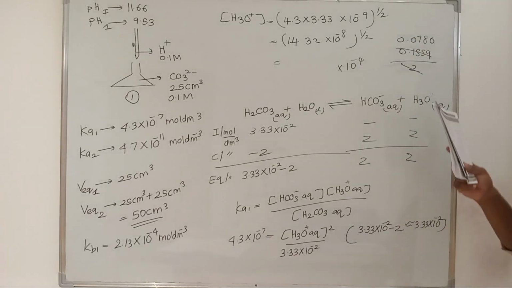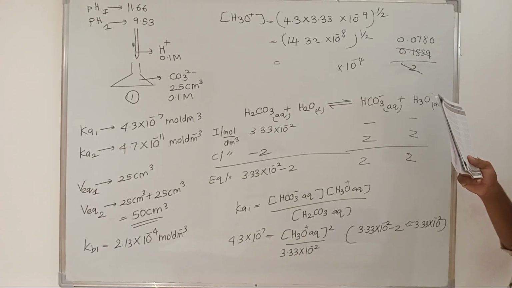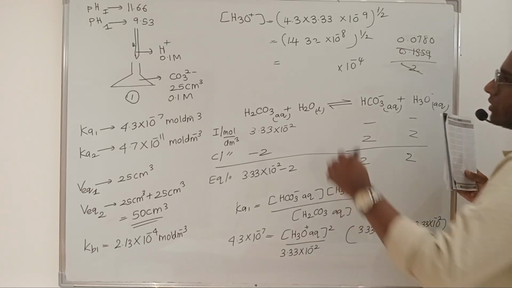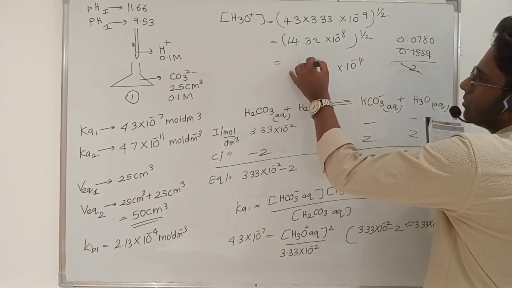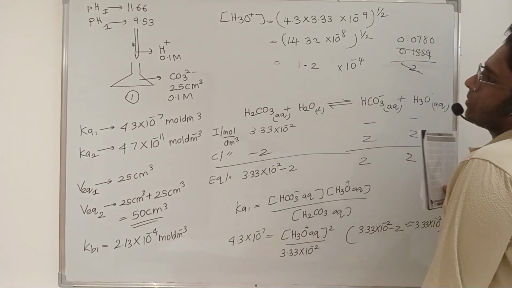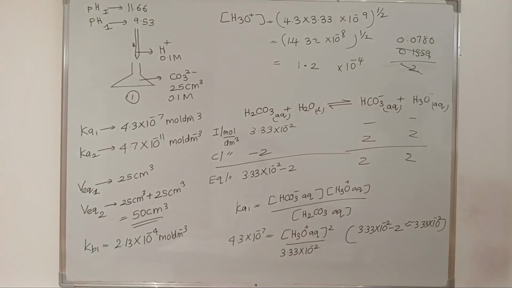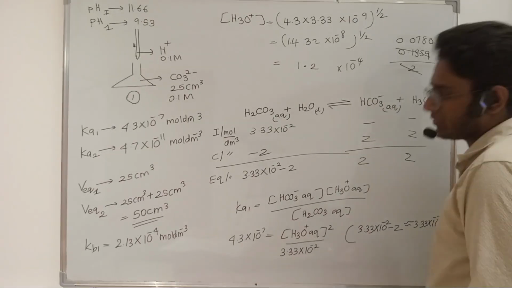So what is the antilog of this? 0.780 gives approximately 1.2. So how can I find the pH using this?